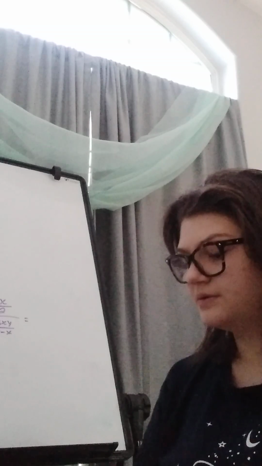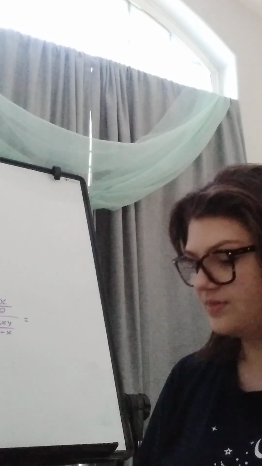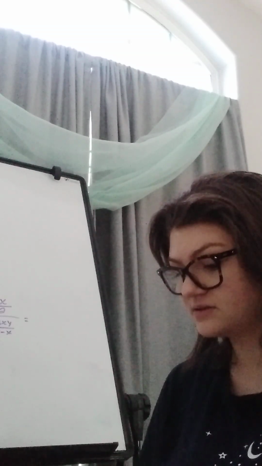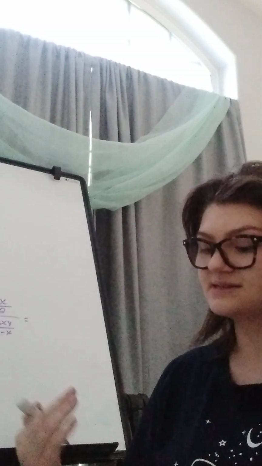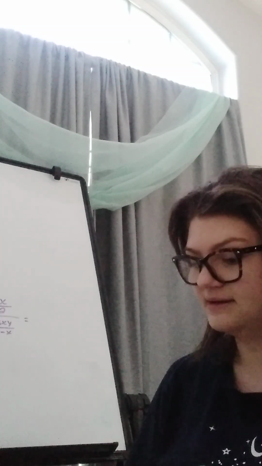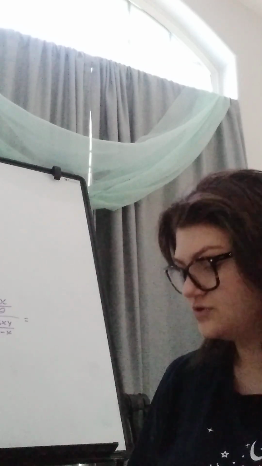If I multiply the 1 by 2 minus x over 2 minus x, then I will get 2 minus x over 2 minus x minus our fraction 3xy over 2 minus x. To simplify that, because they both have the same denominator, we can now go ahead and subtract the 2 minus x from the 3xy. So we'll have 2 minus x minus 3xy. And that's still over 2 minus x.